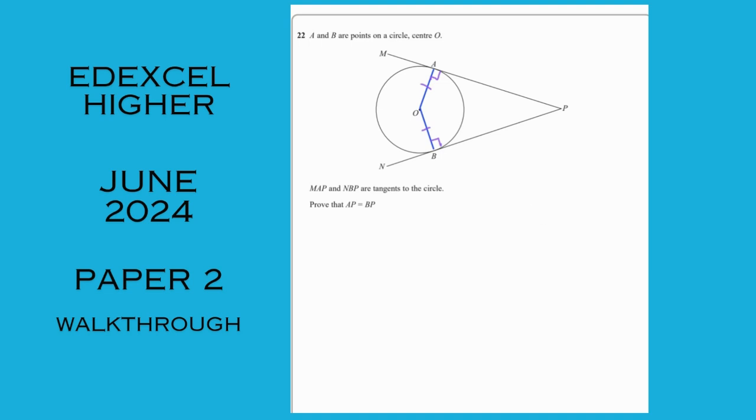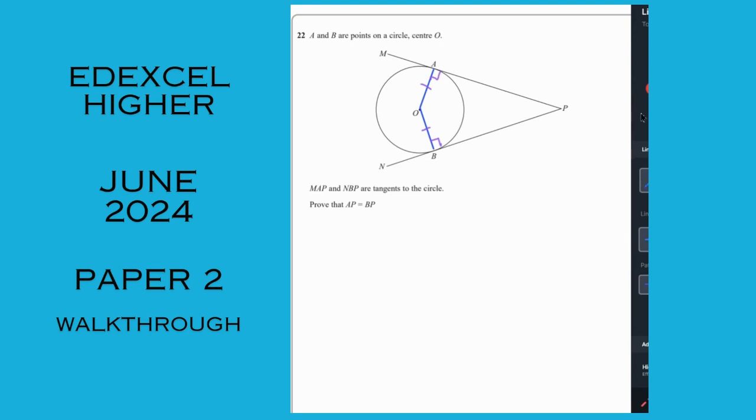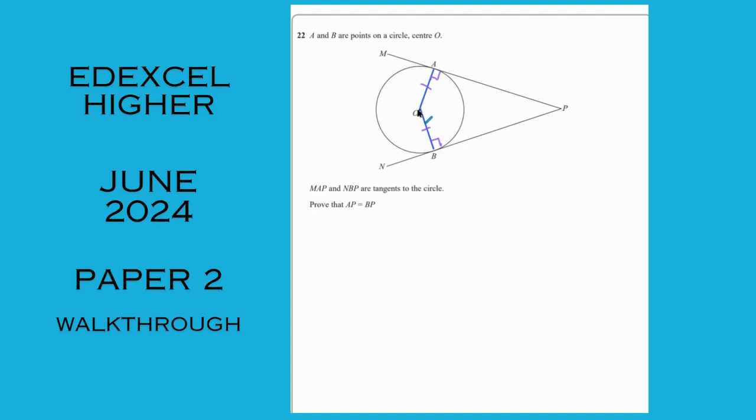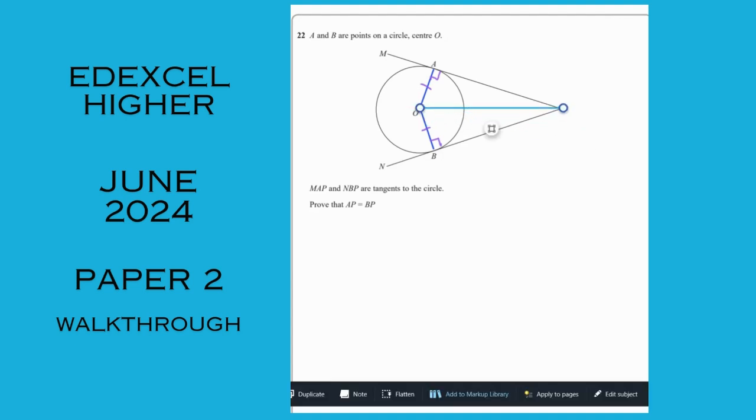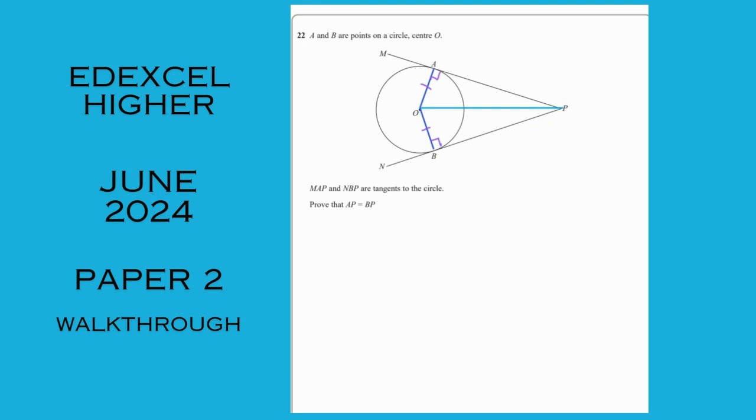And finally, we have this line here from P to O, which they share. So in actual fact, they have a right angle, they have a hypotenuse in common. That's the line from O to P. They share that line there.